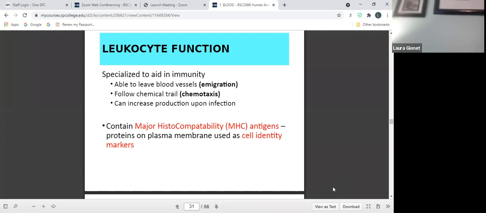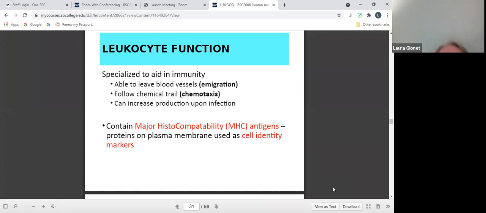Okay, so our cells contain what are called major histocompatibility antigens on their cell surfaces. All my nucleated cells in my body have the same MHC complex, this chemical compound found on the surface of the cell. That way, my white blood cells who are looking for foreign invaders don't start to respond to my own body cells.